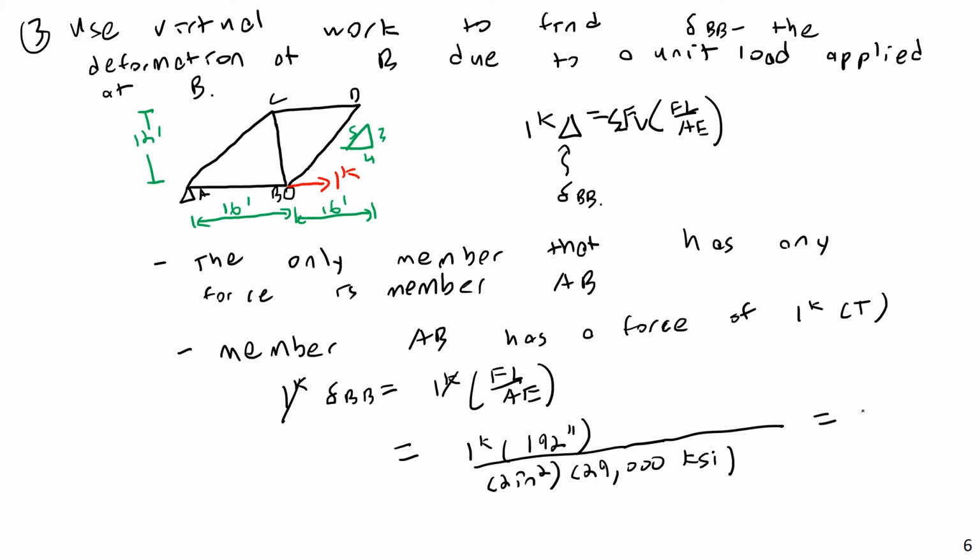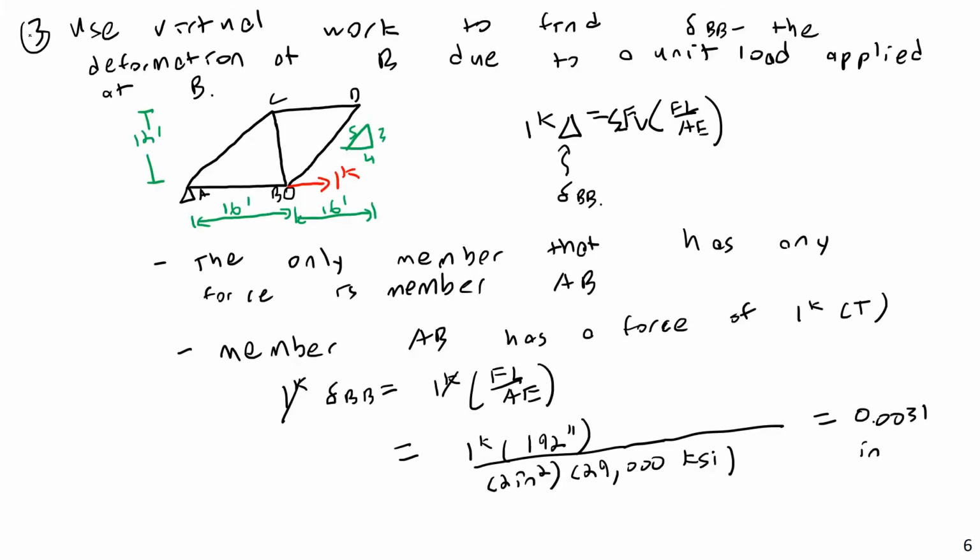And that comes then to 0.0031 inches. Step 4. So now I know, well, what do I know now? This is my lowercase delta BB, the deformation at B due to unit load applied at B. So step 4 then, just like we've done in force method for beams, I'm going to balance the deformations.